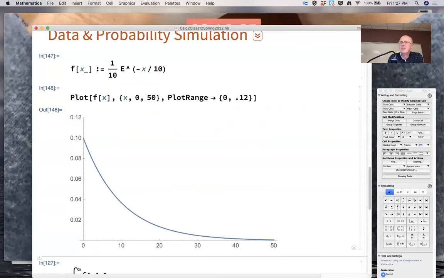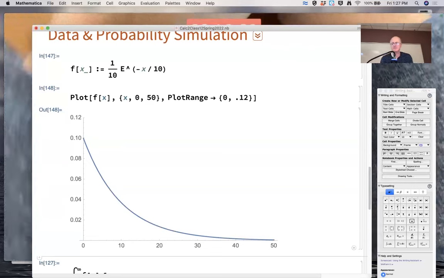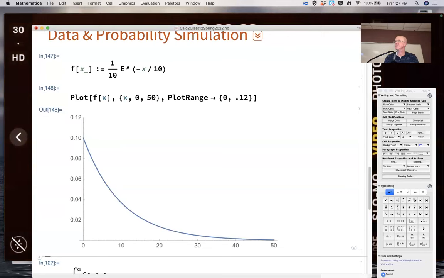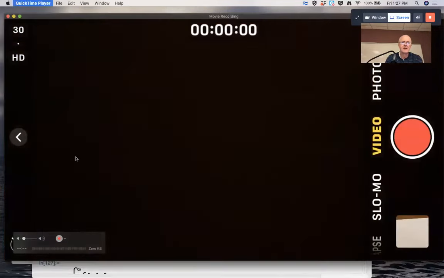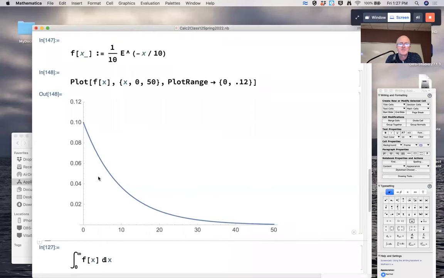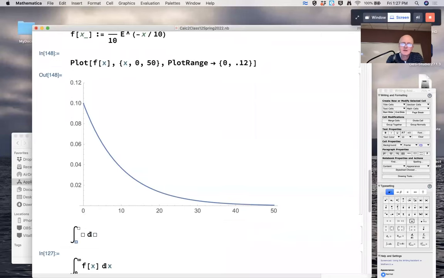What does it mean to be a probability density function? One thing it means is that integrating the probability density function gives you probabilities. So for example, I might wonder if X represents the lifetime of a light bulb, what are the chances that X is between 0 and 10?